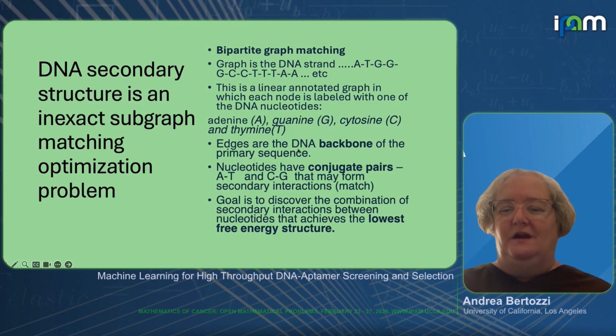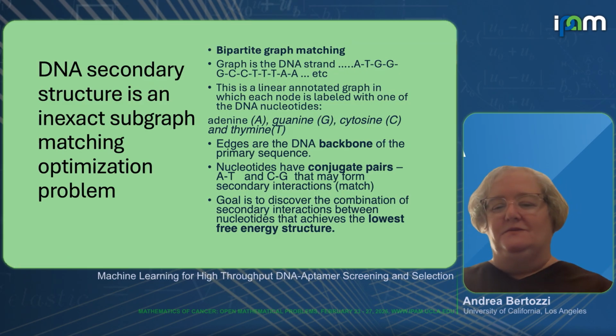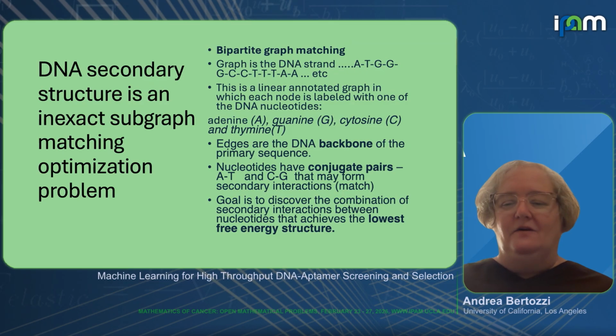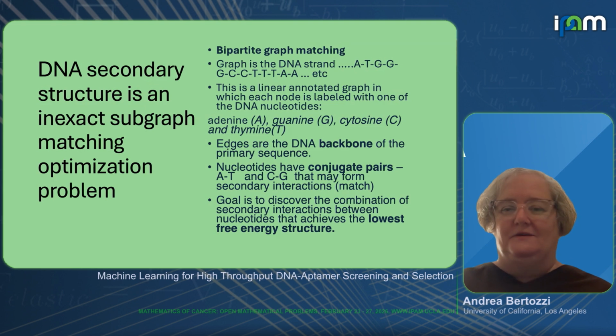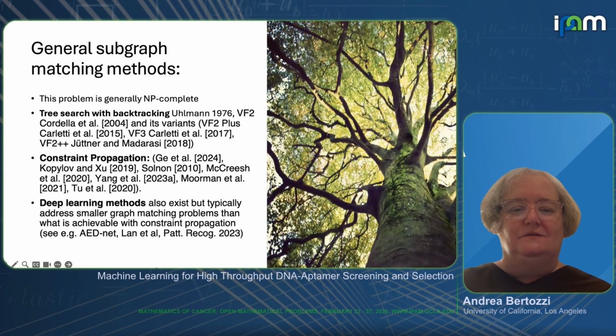The edges are the DNA backbone of the primary sequence, and the nucleotides have conjugate pairs, A and T and C and G. So you're trying to figure out which of the A's are going to bind to which of the T's and which of the C's to which of the G's. The goal is to choose the binding that has the lowest free energy structure, and the free energy information goes back to the 1980s.